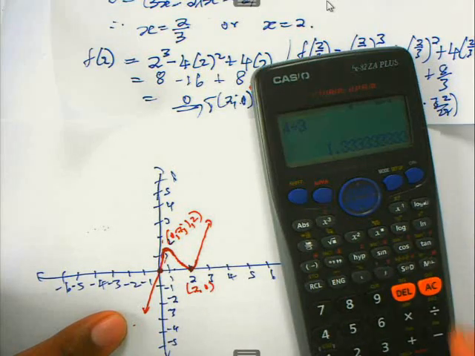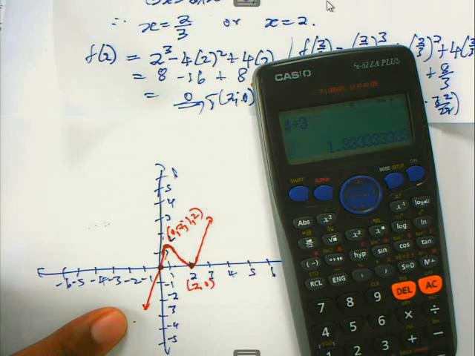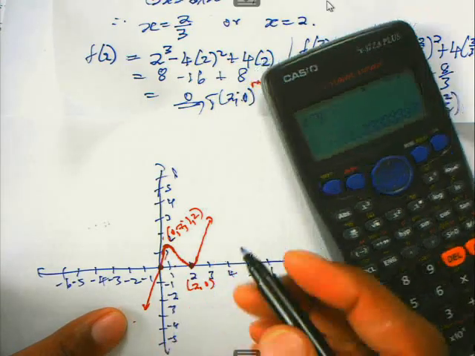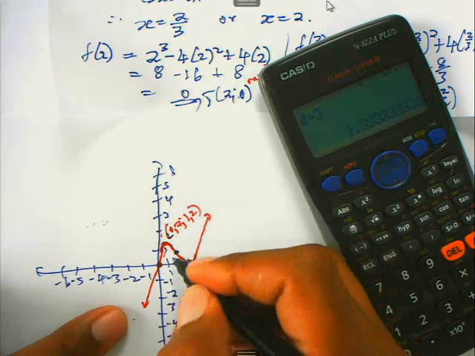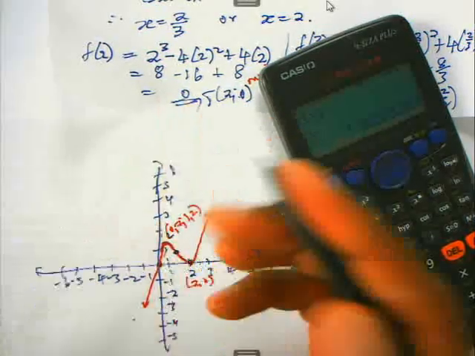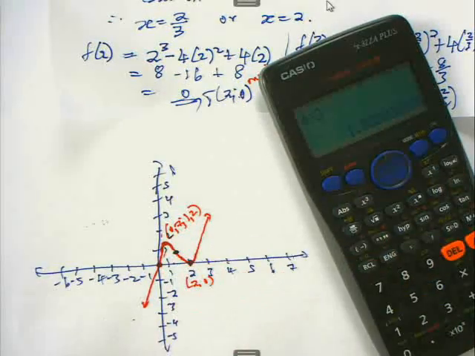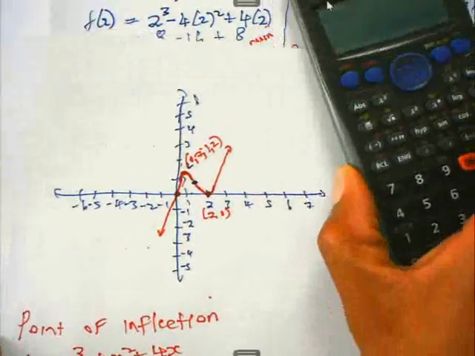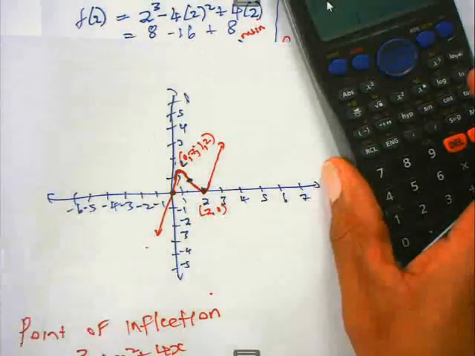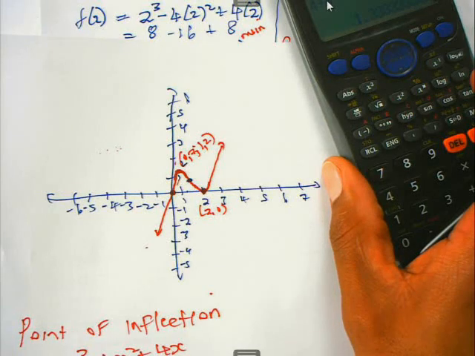And now for y, y will then be 0,59, which is about 0,6. I think the point will then be here. You can see now this point divides these two graphs. This is the x value and the y value of the point of inflection.